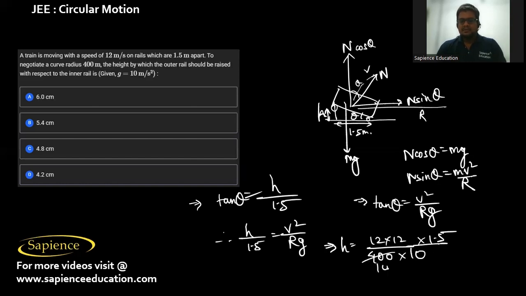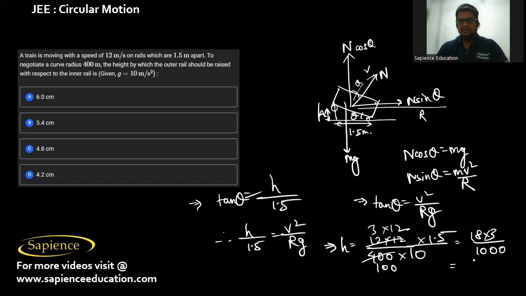So this will be 12 into 12, 12 5s are 60, 12 1s are 12, 18, 18 into 3 by 1000. So this will be v square by rg into 1.5.